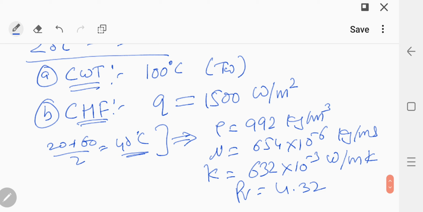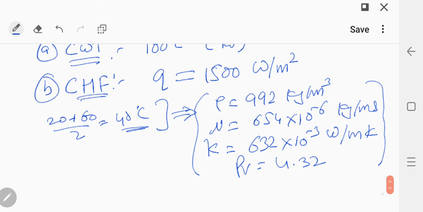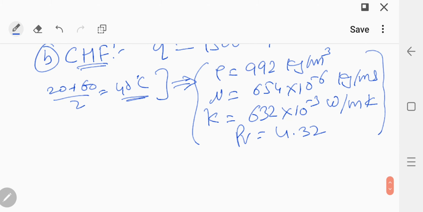So based upon the bulk mean temperature, that is 40 degree, the thermophysical properties of the fluid are given. Clear?